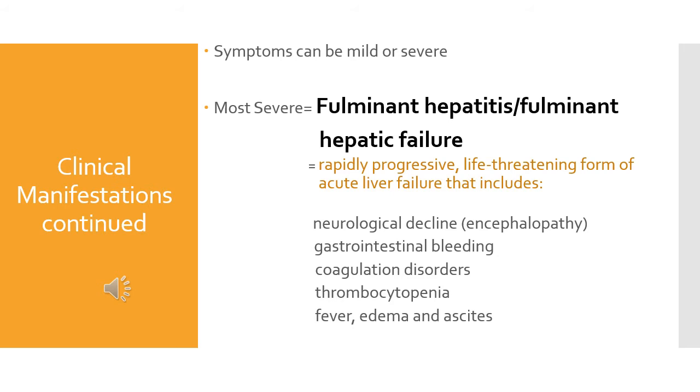The encephalopathy or neurological decline will be due to that buildup of the ammonia waste product that can't be filtered. The gastrointestinal bleeding and coagulation disorders are a result of the liver not being able to do its job in synthesizing or removing clotting factors.